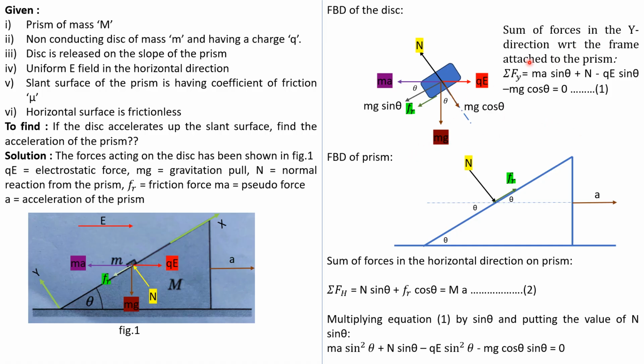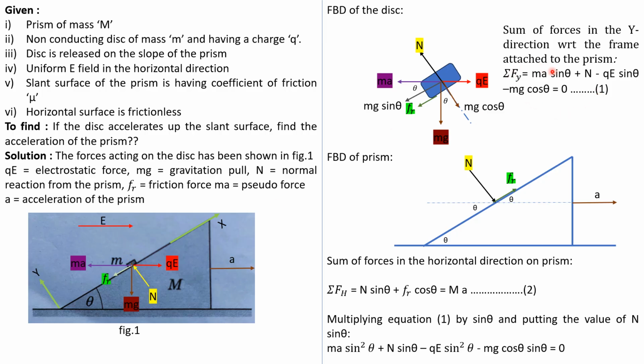So sum of the forces on the disk, if we calculate in the y direction with respect to the frame attached to the prism, and from there we observe the motion of the disk, we can write that summation of Fy is equal to 0. Why? Because when your frame is attached to the prism, you observe no motion in the y direction for the disk.